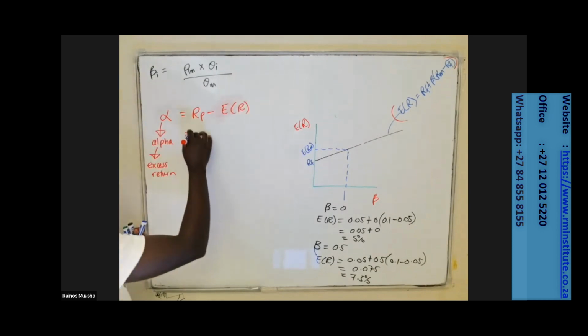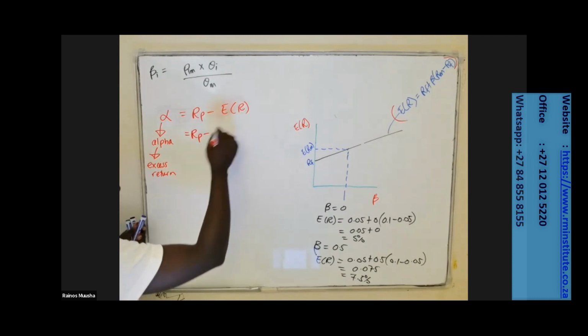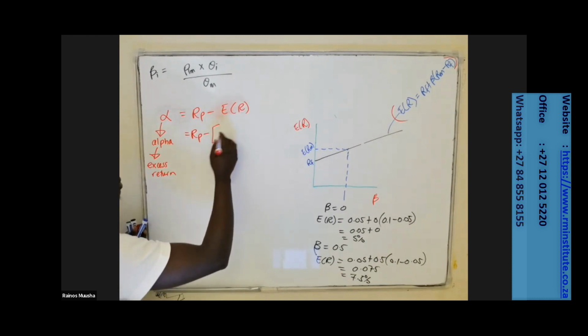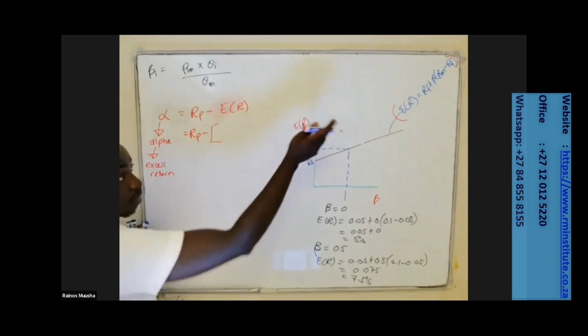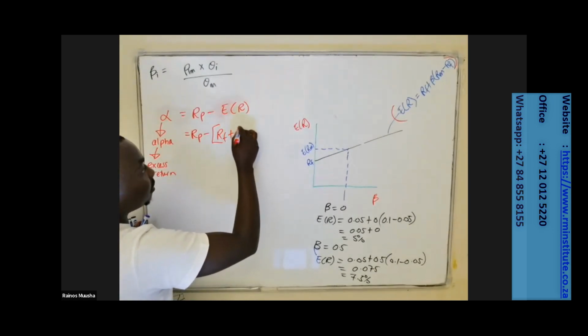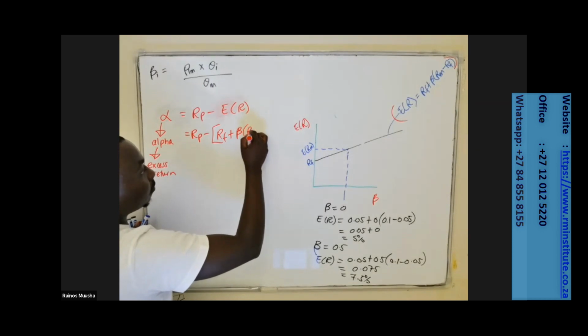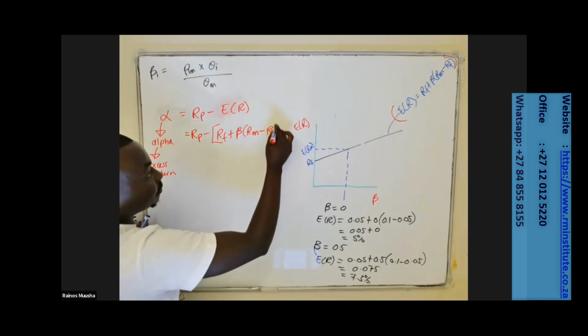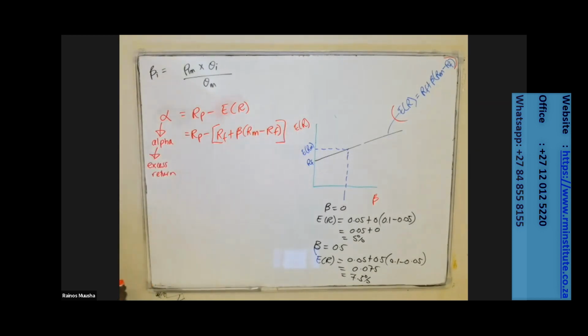Remember, the expected return is calculated by the capital asset pricing model: the risk-free rate of return plus beta times the market return minus the risk-free rate of return. So this is basically how you would calculate your alpha.